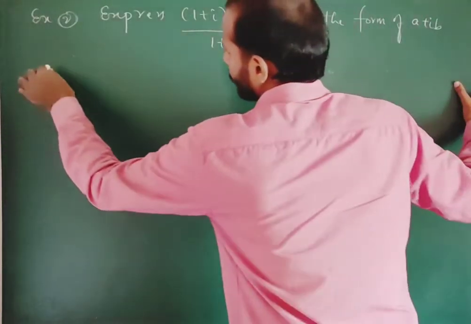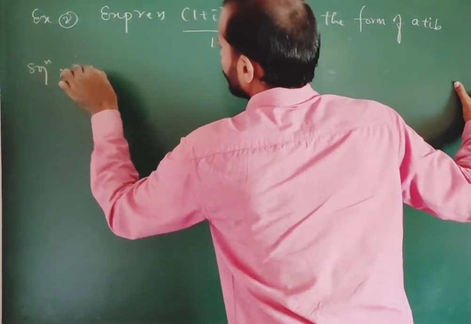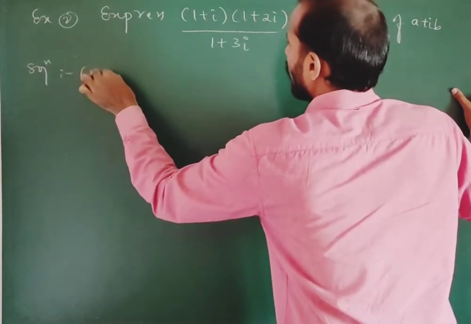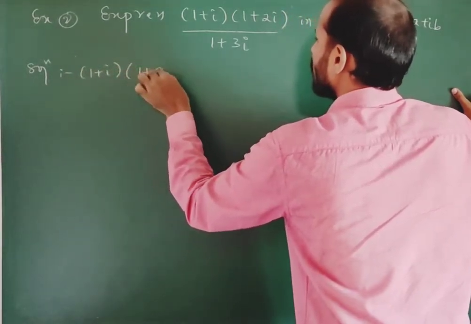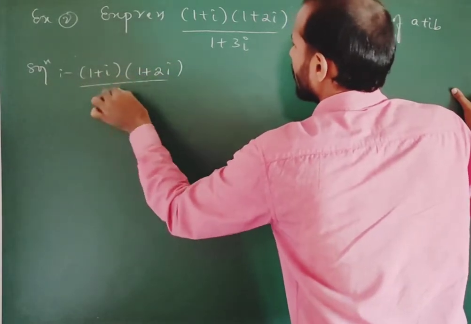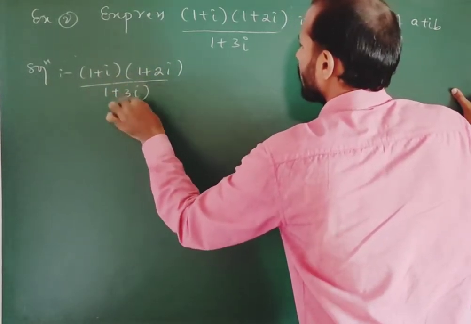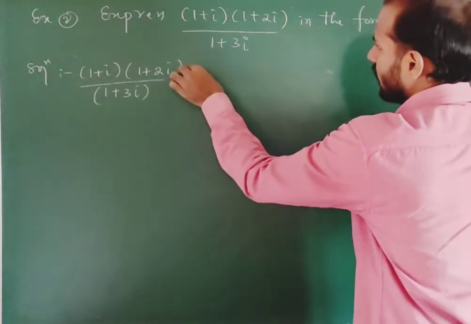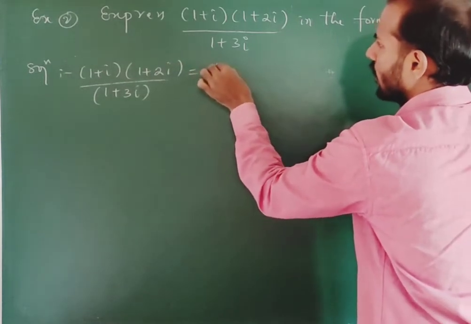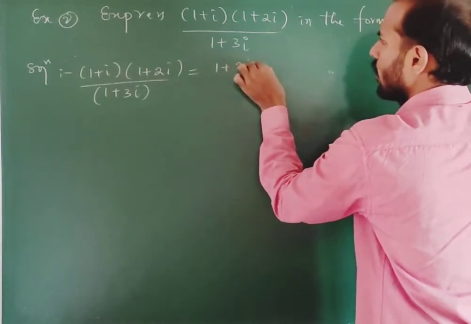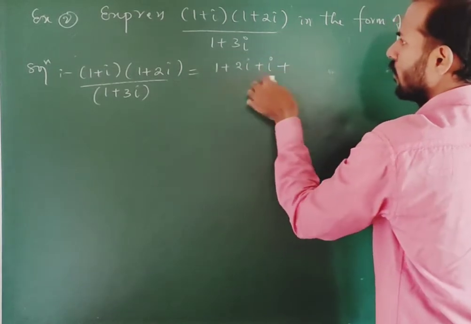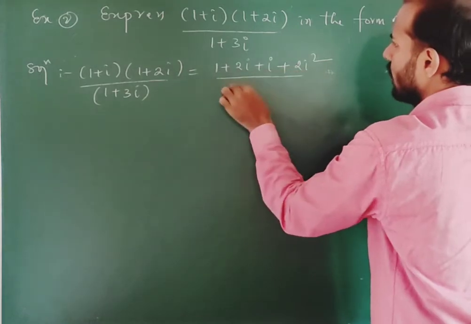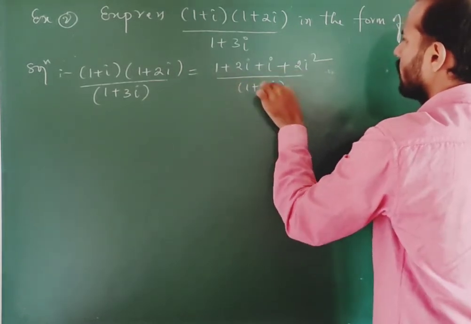Solution now. First, let us consider once again 1 plus i into 1 plus 2i divided by 1 plus 3i, as given. Now just multiply the numerator, what we get, let's see. 1 ones are 1, 1 2i's are 2i, plus i ones are i, plus 2i square, divided by 1 plus 3i as it is.